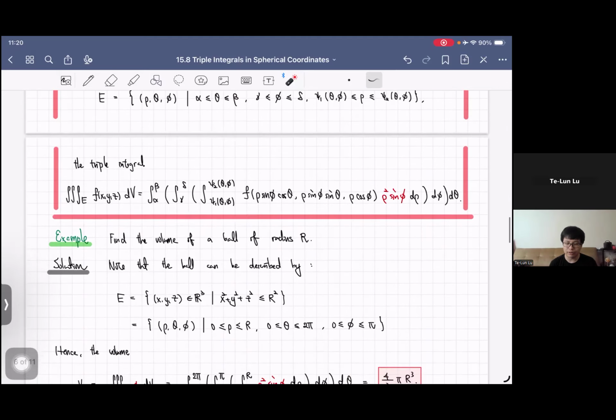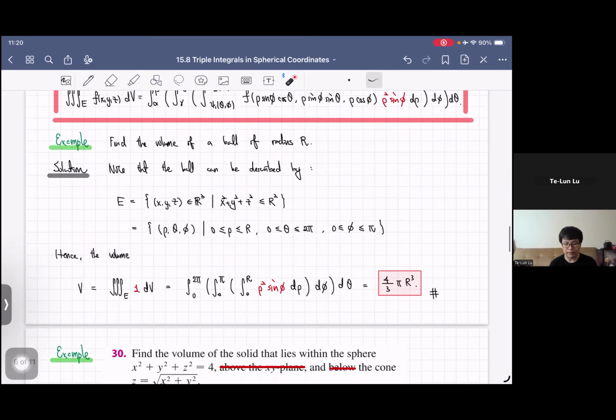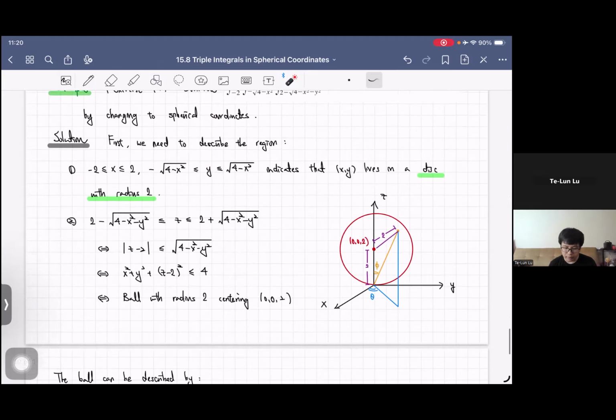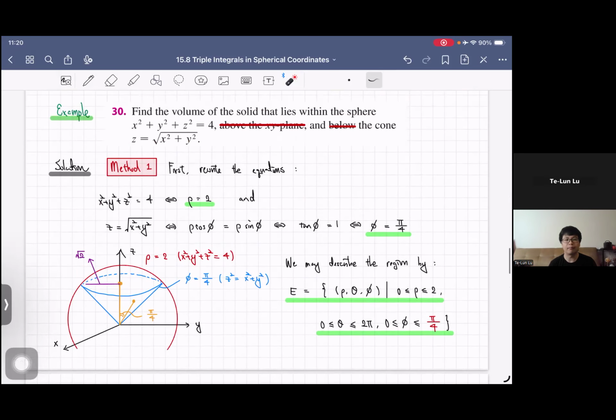And to be precise, how do you determine a region in terms of rho, theta, and phi? You basically write down the surfaces. So just like, let me see, maybe first for this. In this example, I write down the sphere and the cone in terms of rho, theta, and phi, which coincidentally is some constant plane. Rho equals 2 and phi equals pi over 4.